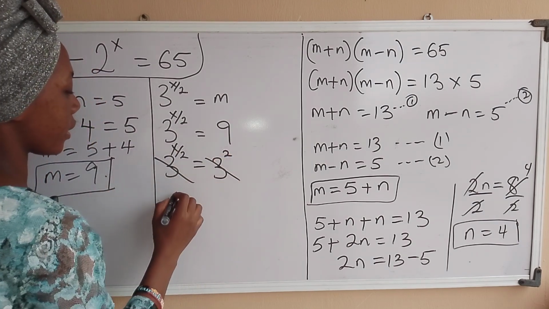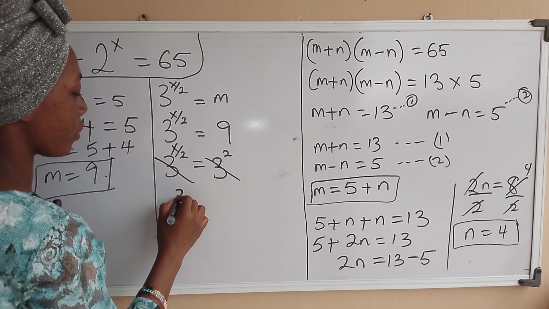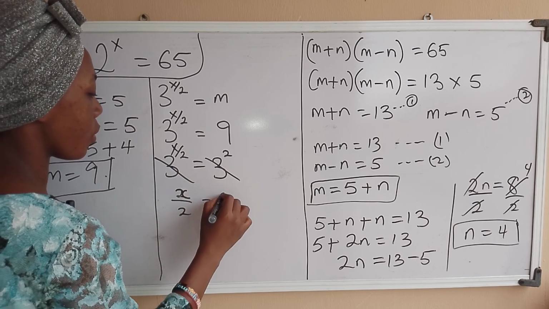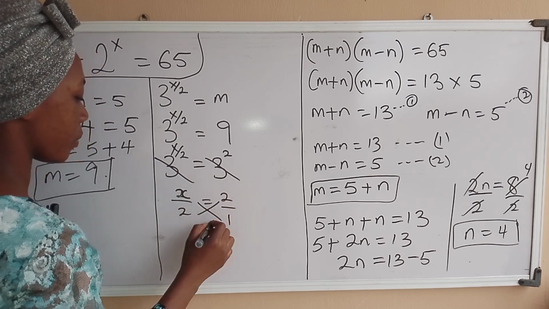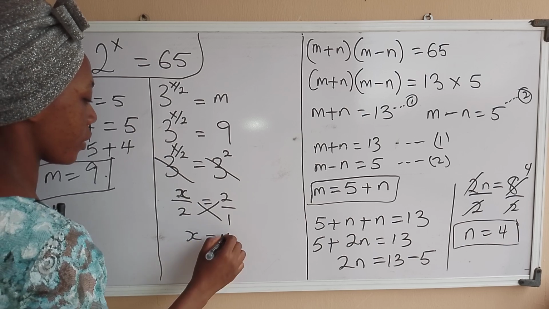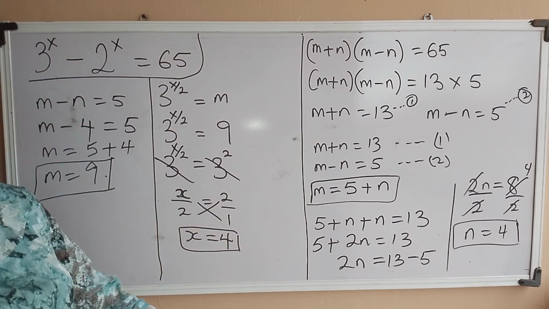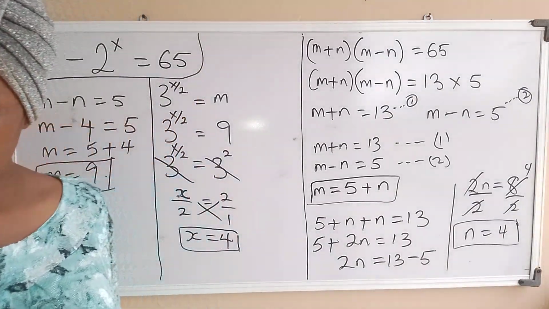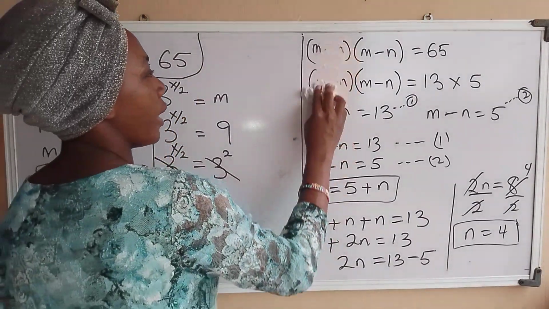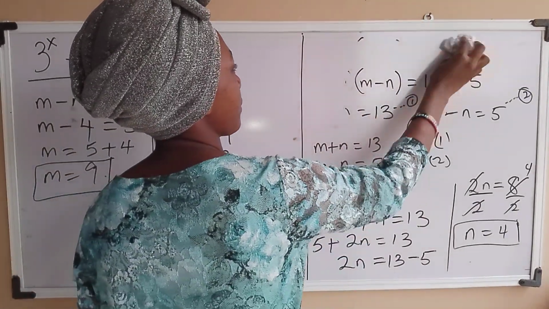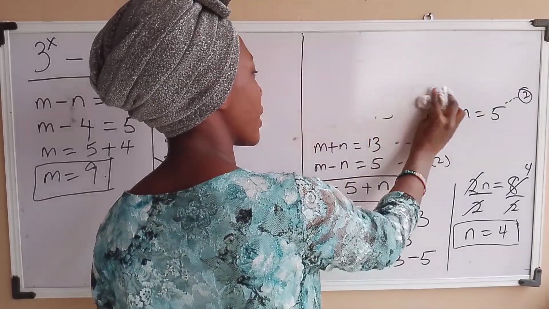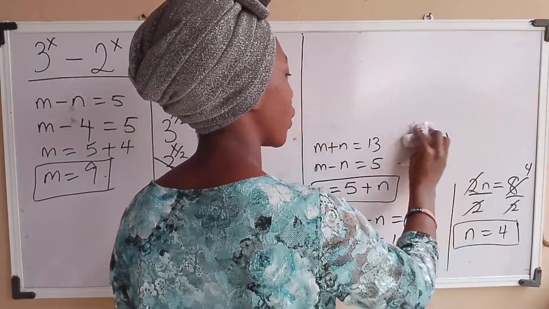This cancels, and then we have x over 2 equals 2 over 1. Cross multiply, you have x to give us 4. We're going to try again using n equals 4 and find the value of x. Our main question is what is the value of x, not m, not n.